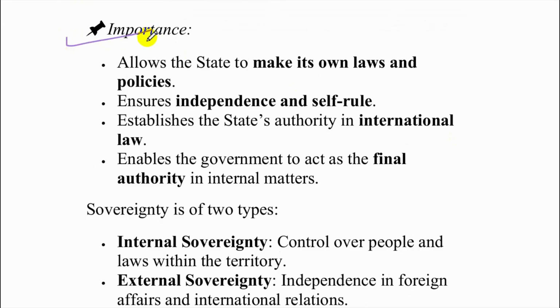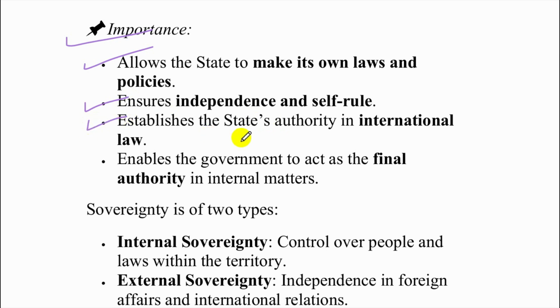How is it important? Sovereignty allows the state to make its own laws and policies. If the state is sovereign, it can make its own laws and policies. Sovereignty ensures independence and self-rule.